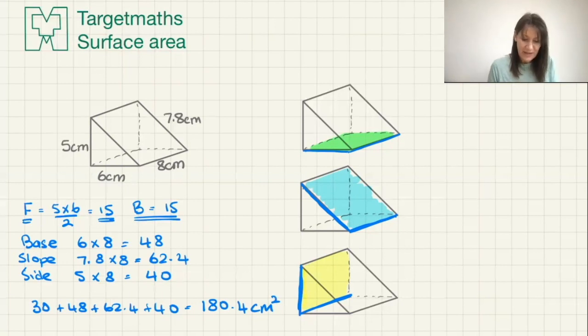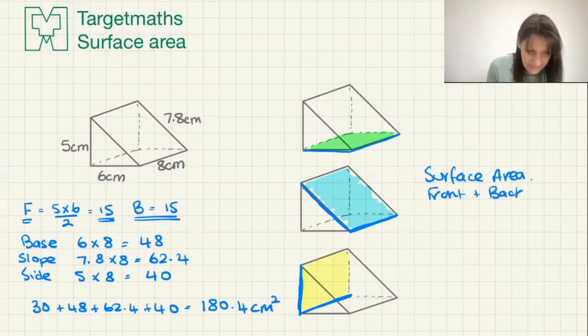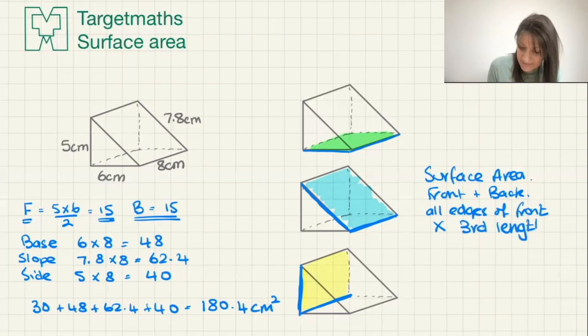So you could make a note that to find the surface area, you find the front and the back, and then all edges of the front multiplied by the third length. And that is true no matter what shape you're looking at. We've got a different prism in a minute, so we'll see that working again. And that is surface area. That is a way to approach it that makes sure you don't miss any of the faces off and you get all the information that you need.